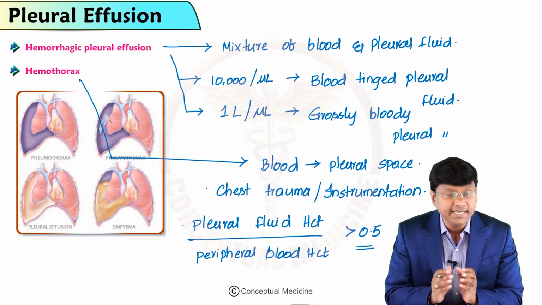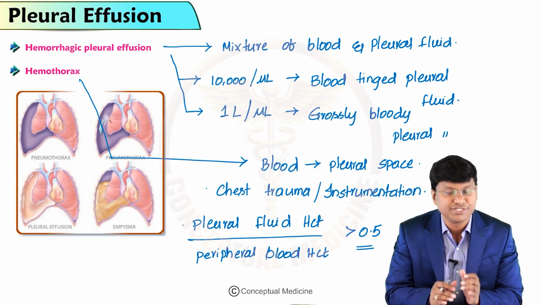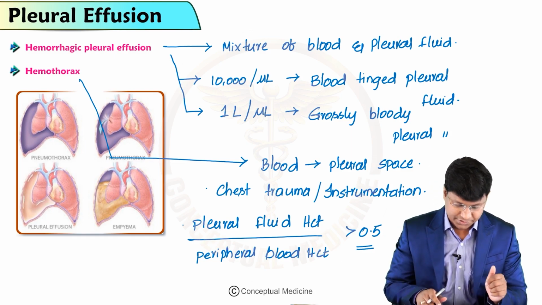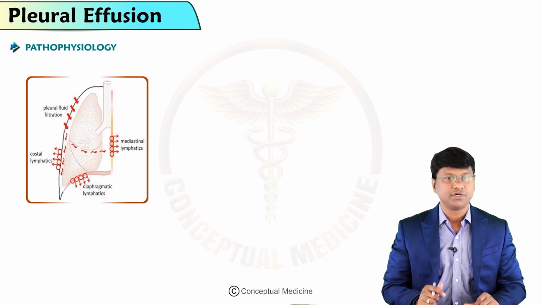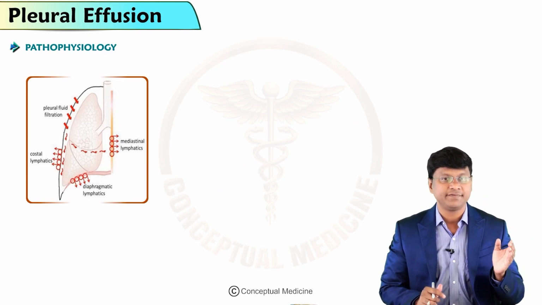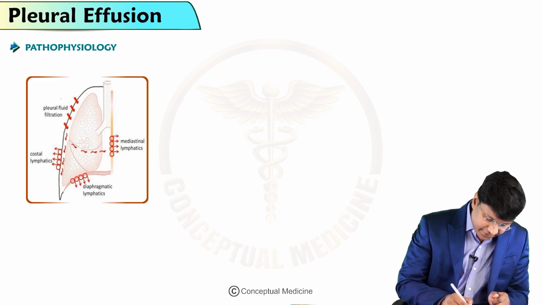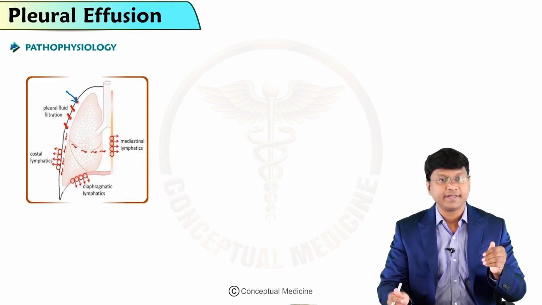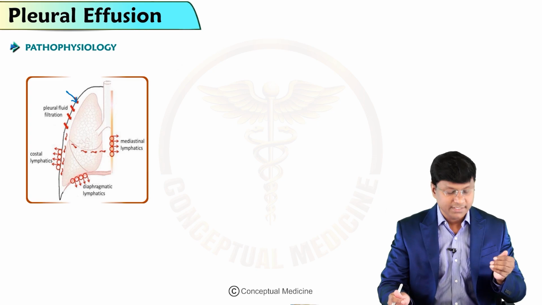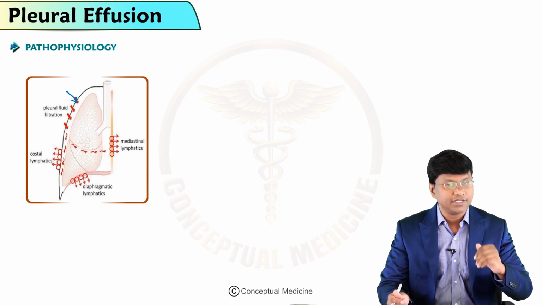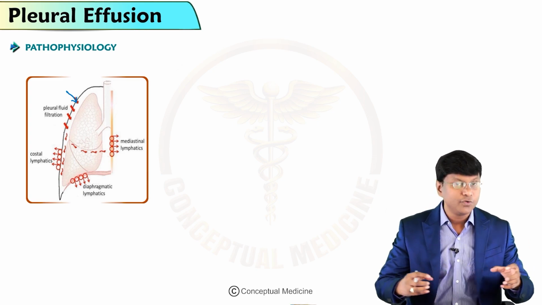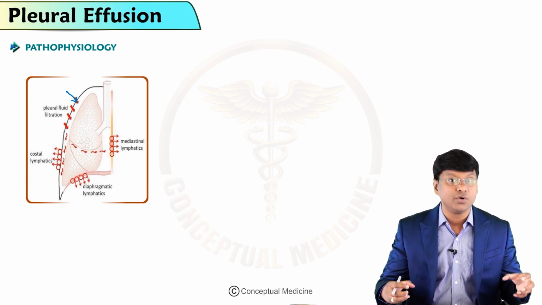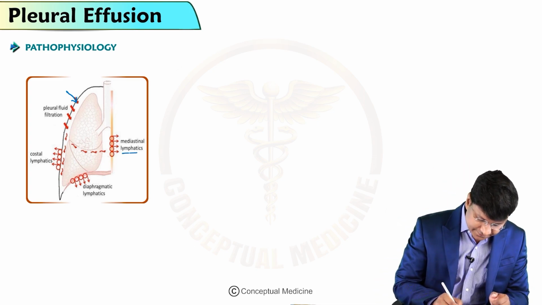Now, let me discuss the pathophysiology of development of pleural effusion. What is the basic that we have discussed? From the capillaries present in the parietal pleura, the fluid will enter into the pleural space, and the fluid is taken out by the lymphatics.